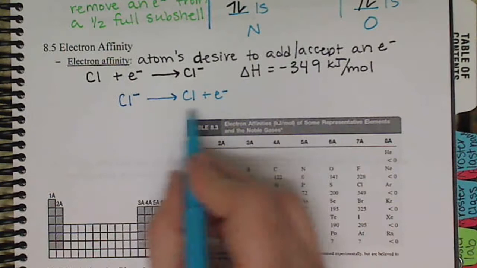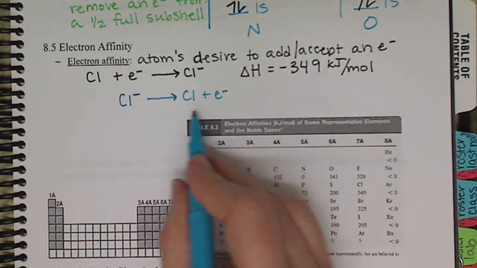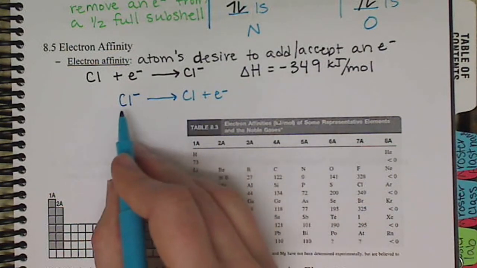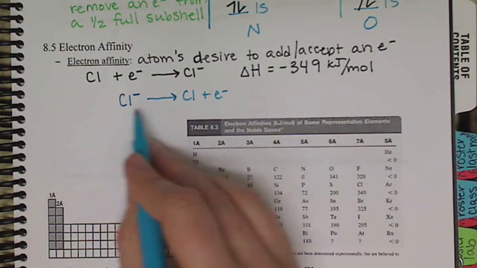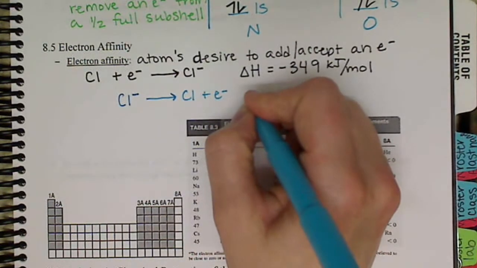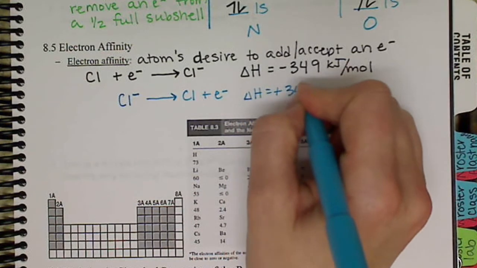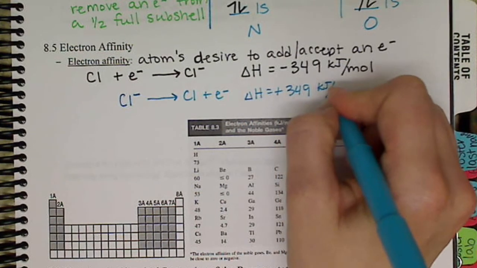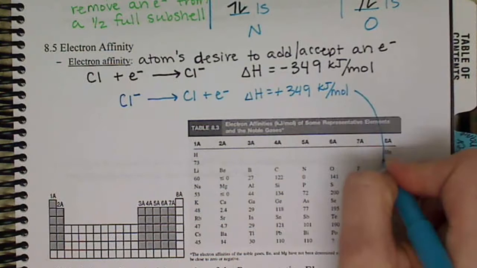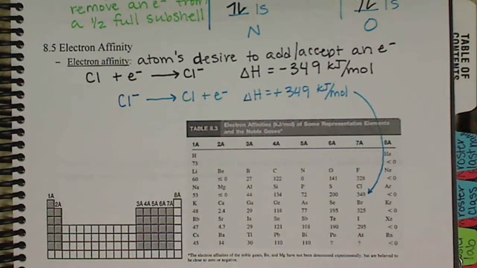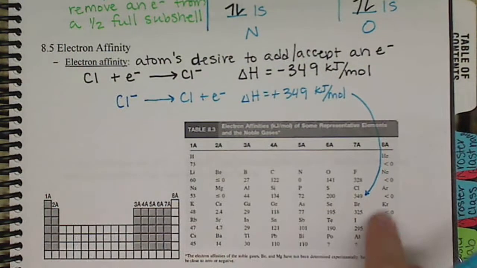So it's basically, what is the energy associated with doing this? And that is going to have the positive value, which is represented in our table here. And this table comes from your book.